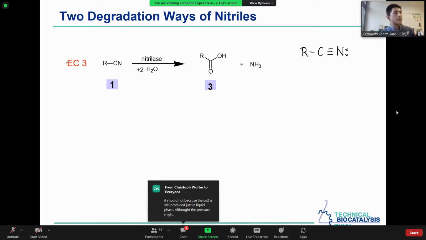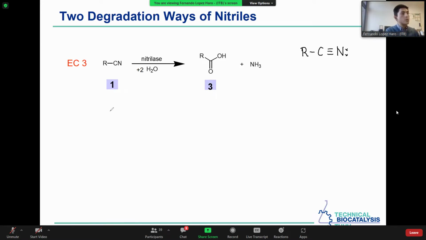Now, if you remember, last class we had together, one of the examples for hydrolases was the reaction where we have a nitrile group where we add two molecules of water, and the reaction would go something like this.